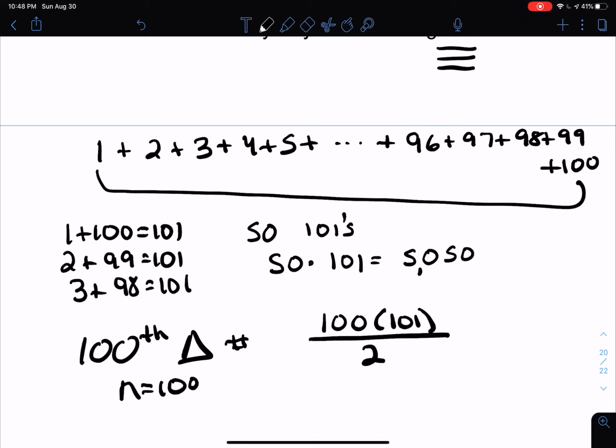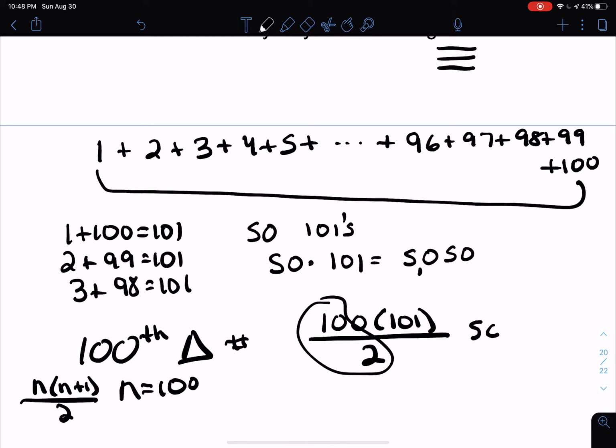Remember we had the n times n plus 1 over 2 for the triangular numbers? Well, in this case, the 100 over 2 is 50. 50 times 101 is 5050. Same thing. But Gauss did this in his head super fast. So, pretty talented guy. But there you go.